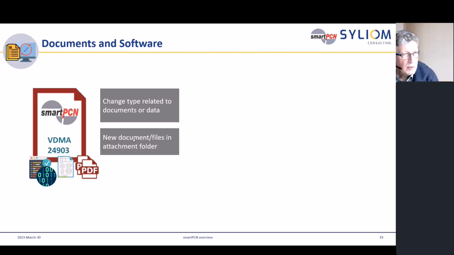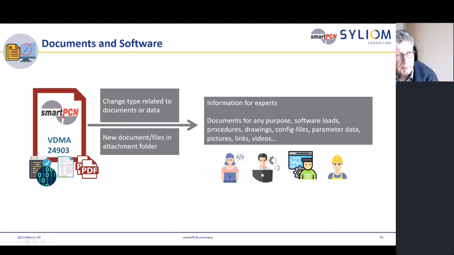Just put the new document files in the attachment folder and provide the document numbers or software numbers, anything like this, in here in the XML file. And this provides the information immediately for the experts, because you have the documents for any purpose: software loads, procedures, drawings, config files, and so on. Everything can be communicated with a smartPCN.